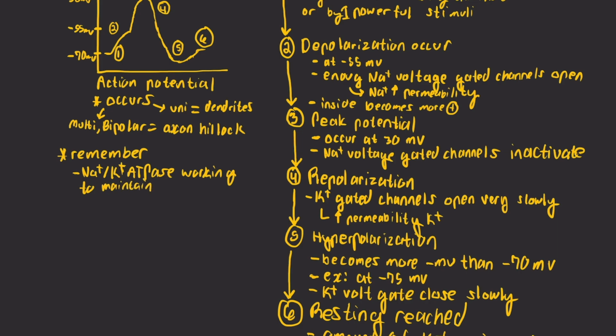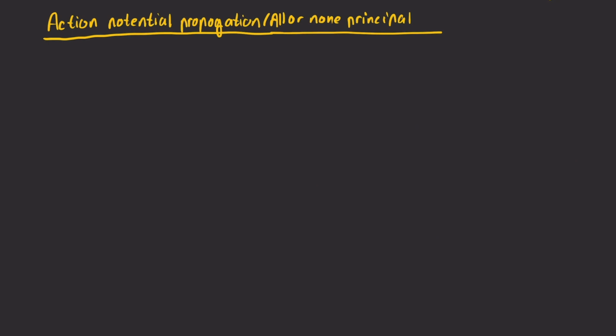And it will generally take around 10,000 action potentials to see a measurable change in ion concentration of the cell.